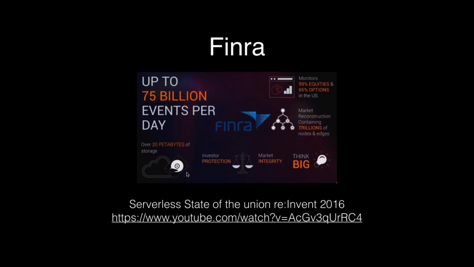And one of those was FINRA, the financial, what is it called? The Financial Institute of something. I got to look that up. But basically, they're processing billions and billions of events. They do financial regulation for the stock market and what have you. This is a government agency in America. In the State of the Union address, he goes into all of their different use cases. It's really interesting to see how many events they're processing on a daily basis and how they're using Lambda to do that.